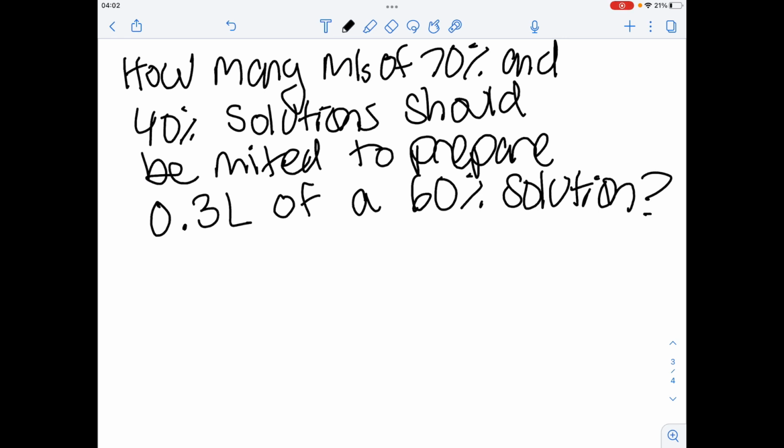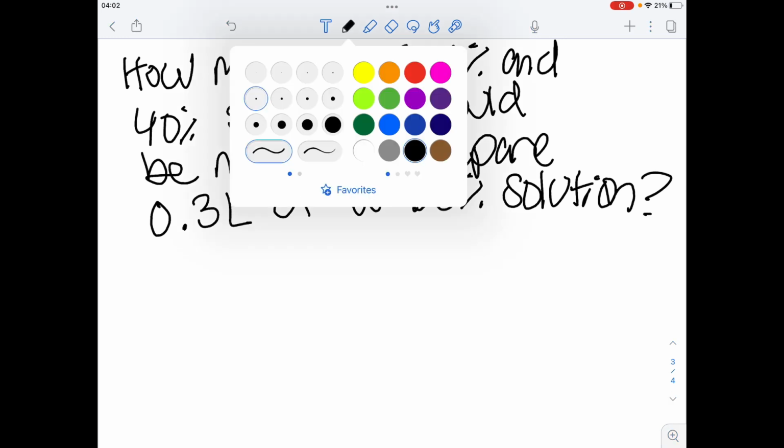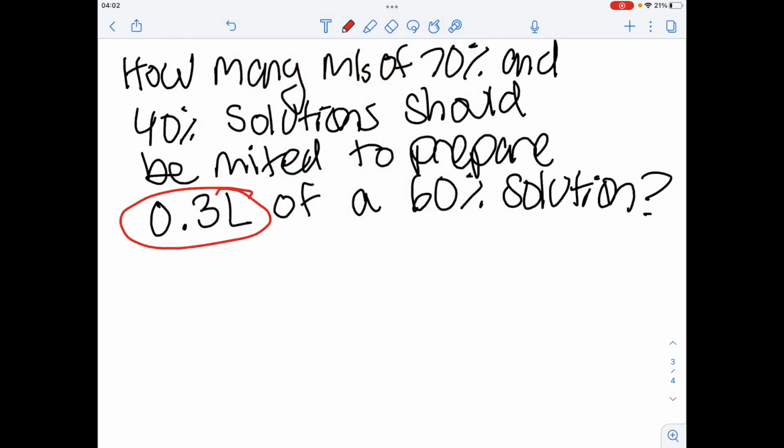So our next example is: how many milliliters of 70% and 40% solutions should be mixed to prepare 0.3 liters of a 60% solution? First off, I'm seeing one important thing we need to do.